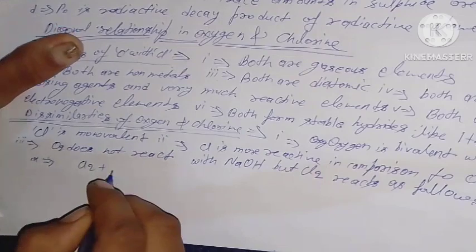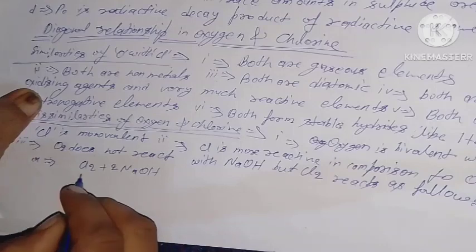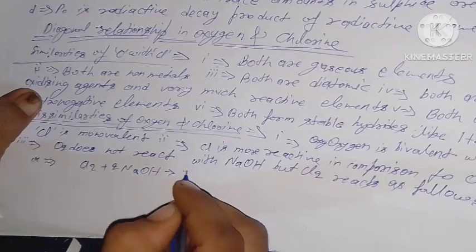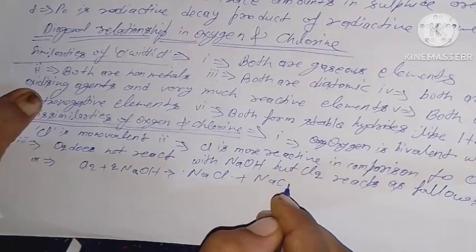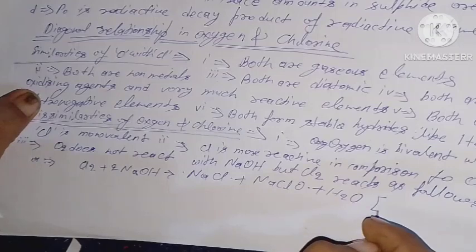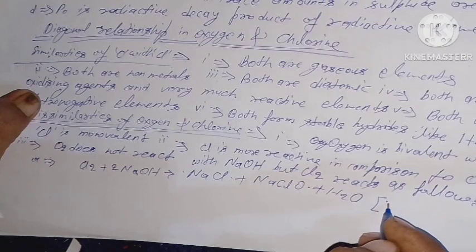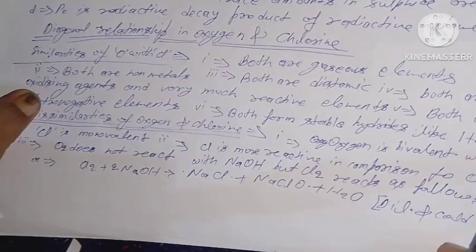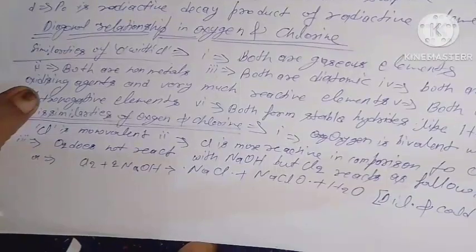Cl2 plus 2NaOH: 2 molecules of sodium hydroxide react with chlorine and make NaCl, sodium chloride, plus NaClO plus H2O. Okay.